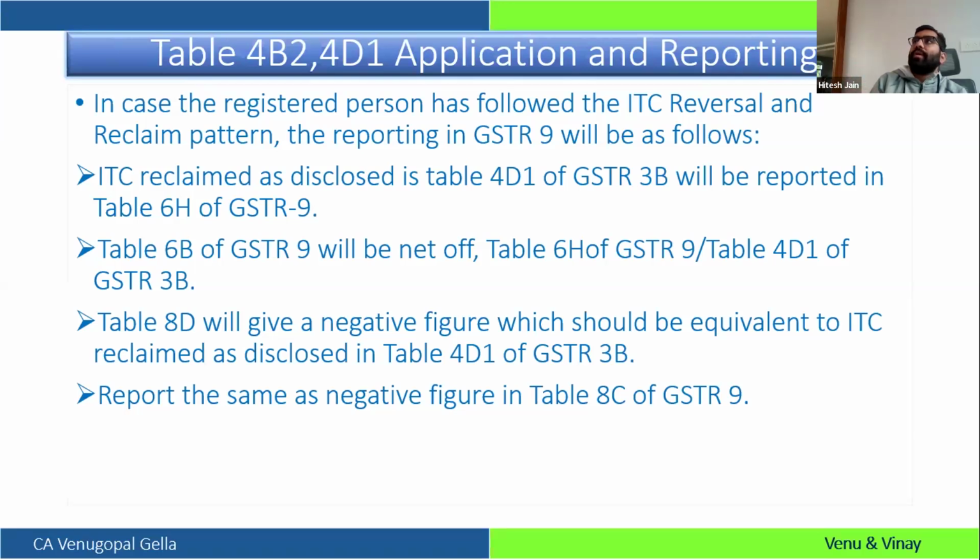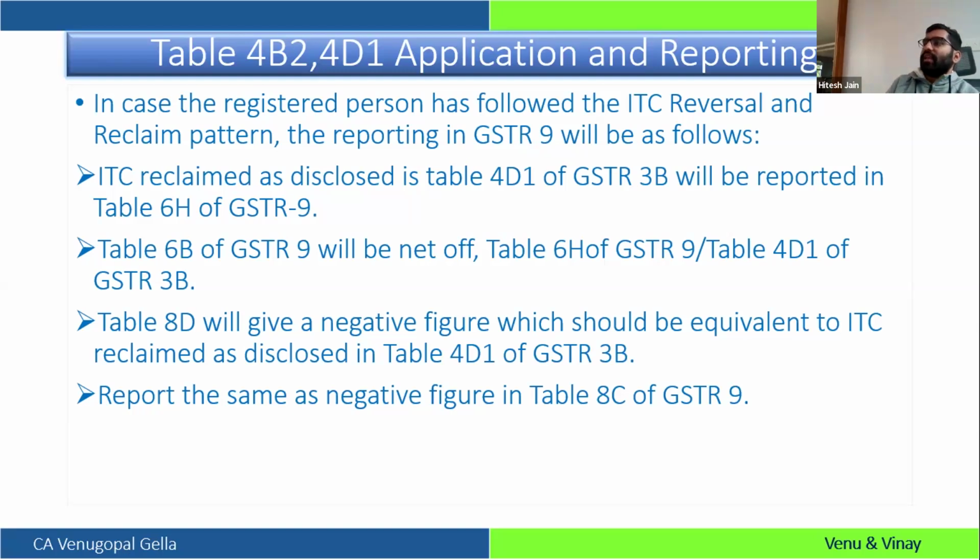Now, what happens is, since the reporting pattern of GSTR 3B was that whenever you reclaim any ITC, you add it back in table 4A5 and you also disclose it in table 4D1. But at the time when annual return figures got auto-populated, they failed to update the form in table 6A.